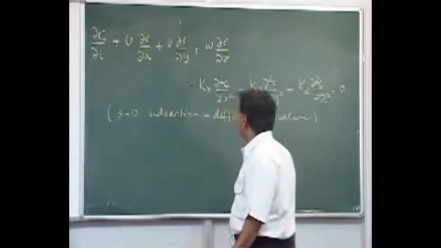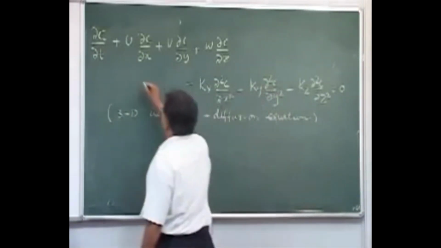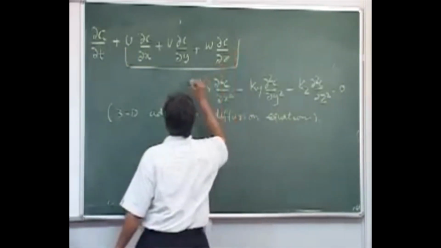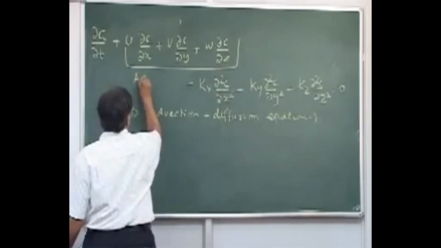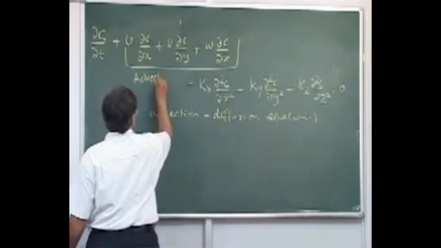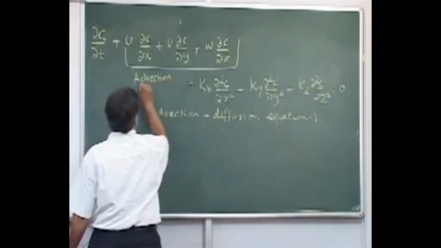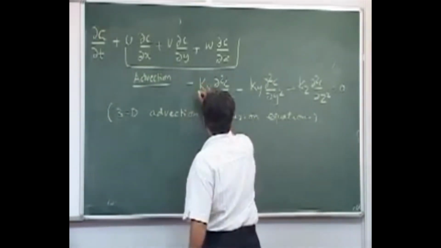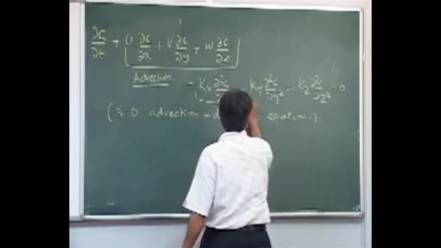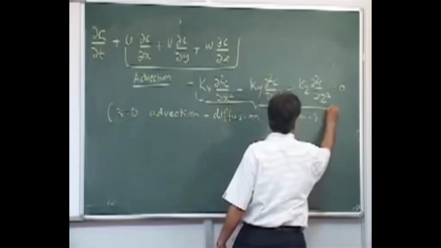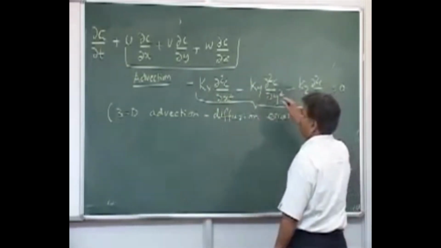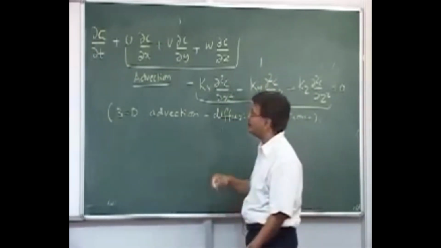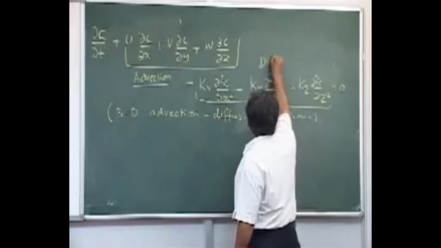And what you can do is, if you agree, I can write that these terms together are my advection term, which is causing advection transport, and this term I can write as diffusion, or turbulent diffusion.